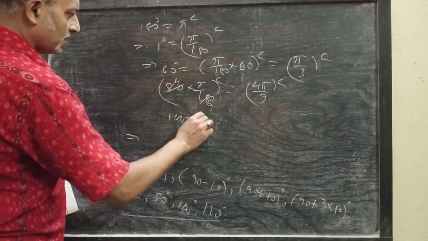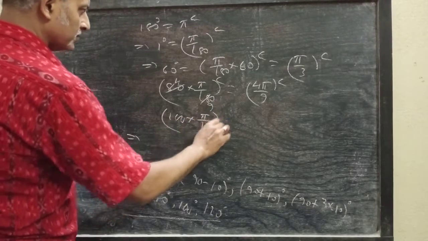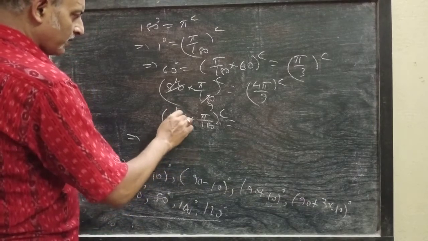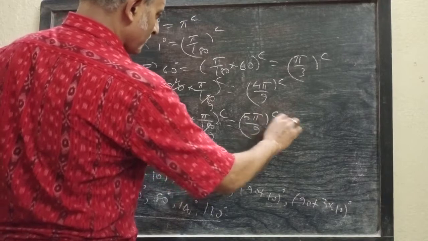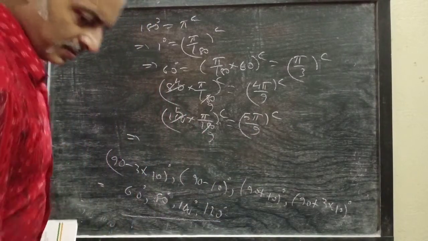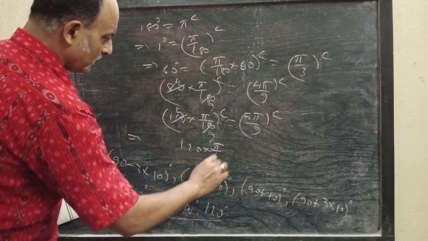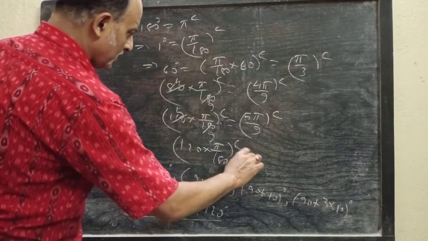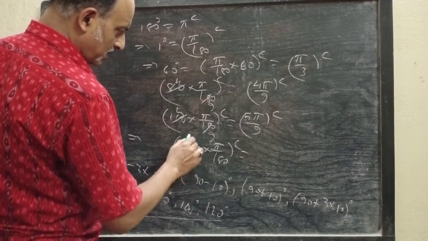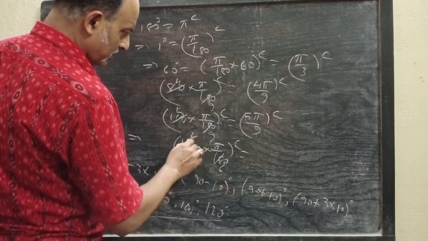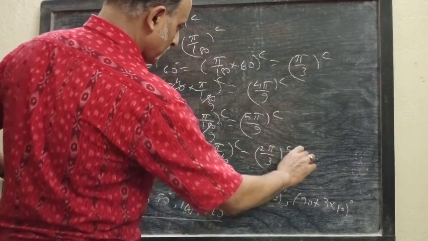So this will be 100 into pi by 180 radian, so this will be 5 pi by 9 radian. And the last one will be 120 into pi by 180 radian, which becomes 2 pi by 3 radian.